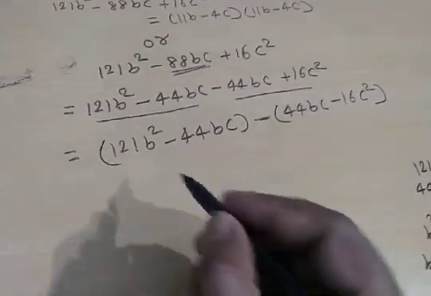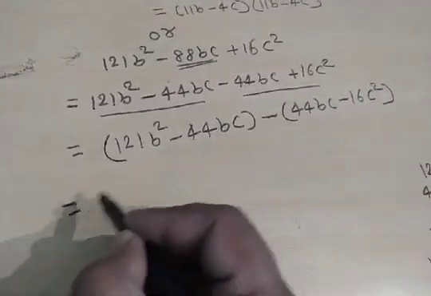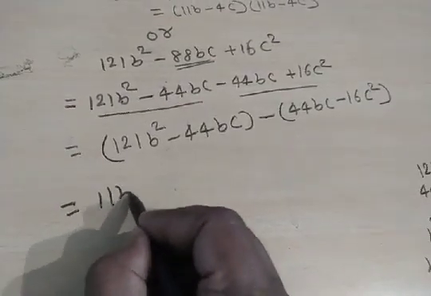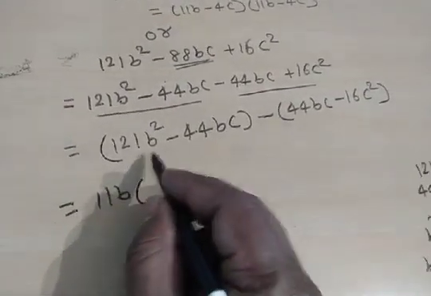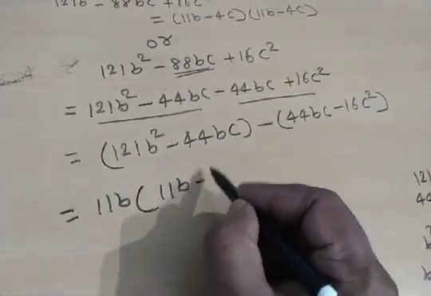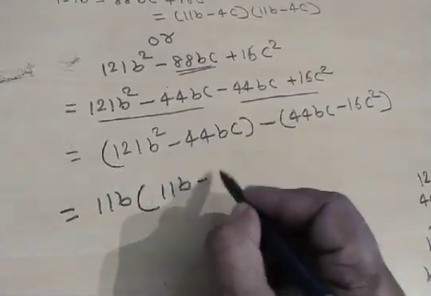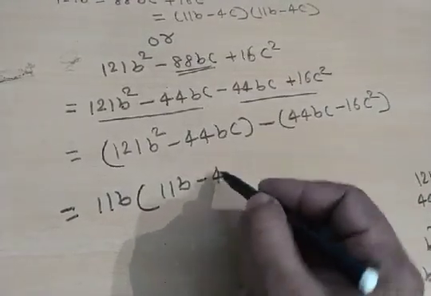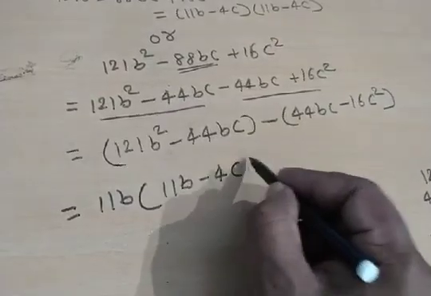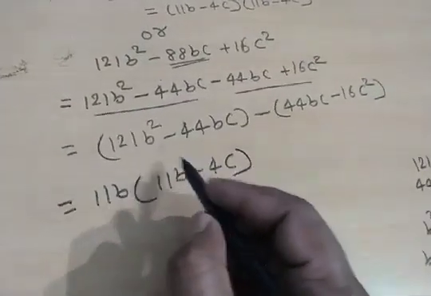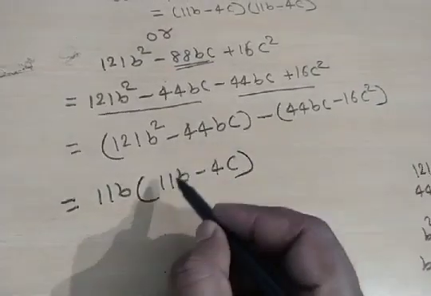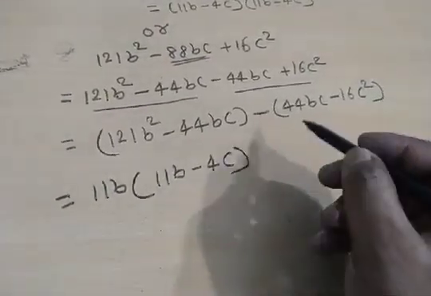Clear? So you can take common 11B. If you take common 11B, here we obtain only 11B, and minus 11 gives 4, and B is common, so we remain with C. So we take 11B common, and in the first bracket we obtain 11B minus 4C.